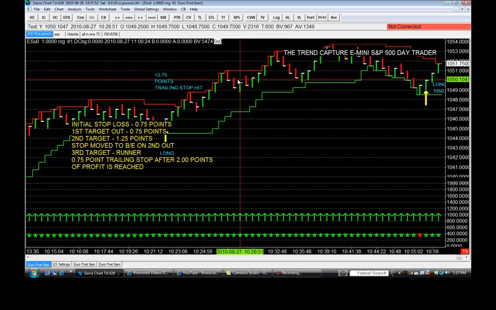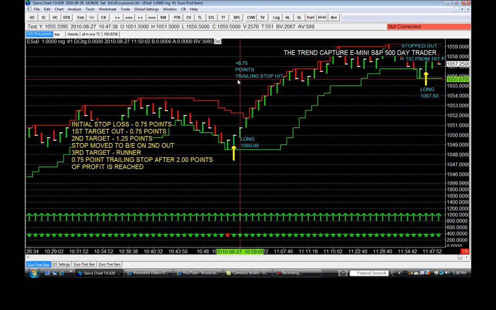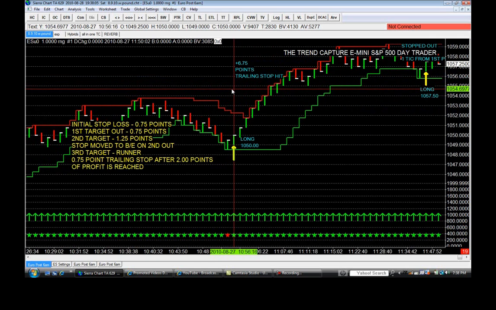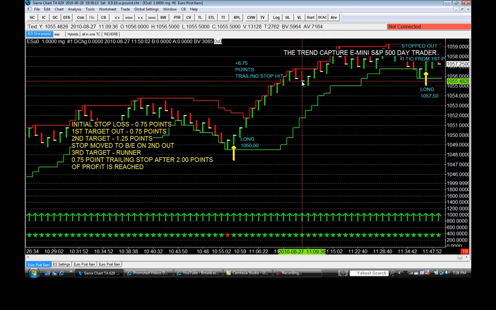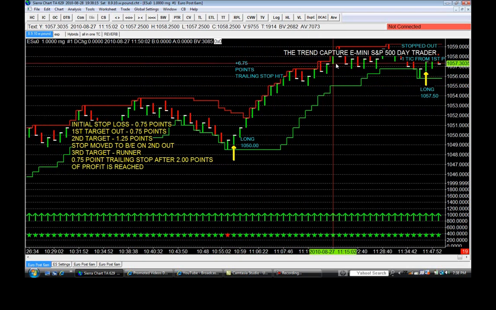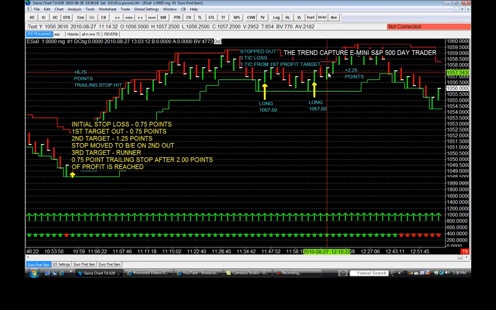However, the trailing stop has been tested and it is the ideal trailing stop. It's another long at 10.50 at 10.56 a.m. That was good for 6.75 points, and the trailing stop was hit on this, and you missed out on about 3 more points. Another nice trade though.